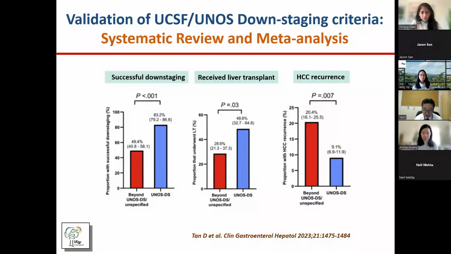So in this systematic review and meta-analysis involving 25 studies by Darren Tan and colleagues, comparing those meeting the UNOS downstaging criteria versus those beyond these criteria, or who had no specified inclusion criteria, you can see that those within the UNOS downstaging criteria have a significantly higher probability of successful downstaging, higher probability of receiving liver transplant, and lower probability of tumor recurrence.